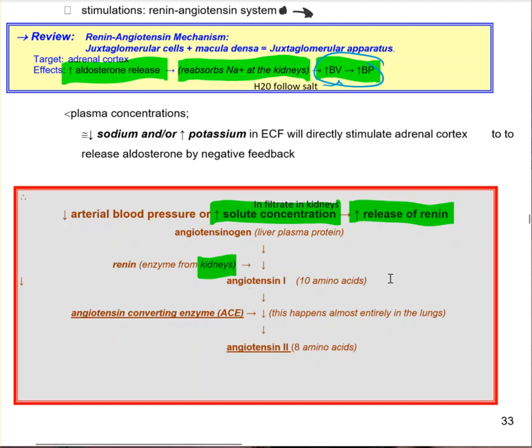And if you remember, angiotensin 1 was a weak vasoconstrictor. Okay, and then angiotensin converting enzyme converts that weak vasoconstrictor, and remember, it does this primarily in the lungs, to angiotensin 2, a powerful vasoconstrictor.